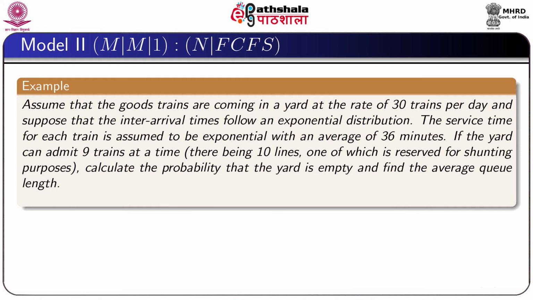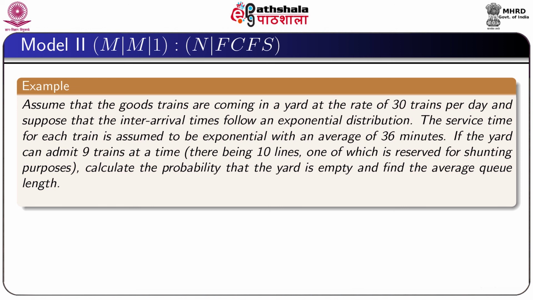Let us consider another example. Assume that the goods trains are coming in a year at the rate of 30 trains per day, and suppose that the inter-arrival times follow an exponential distribution.